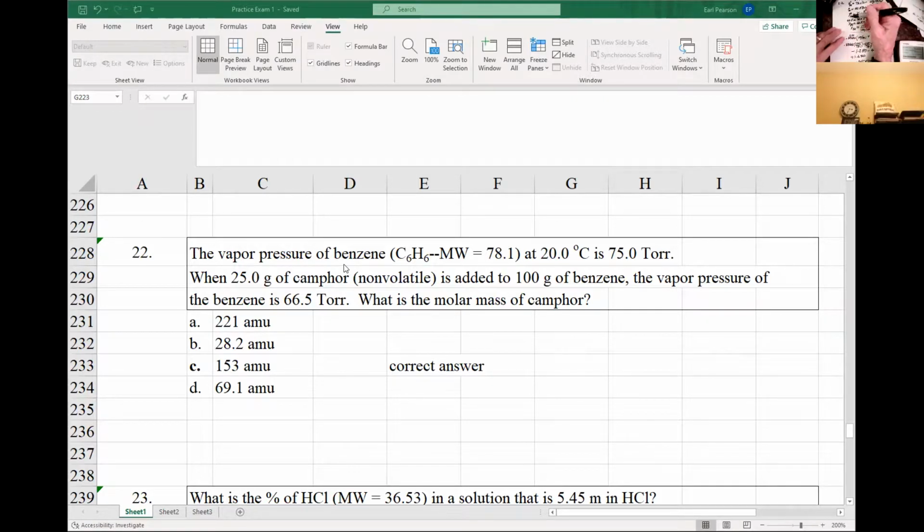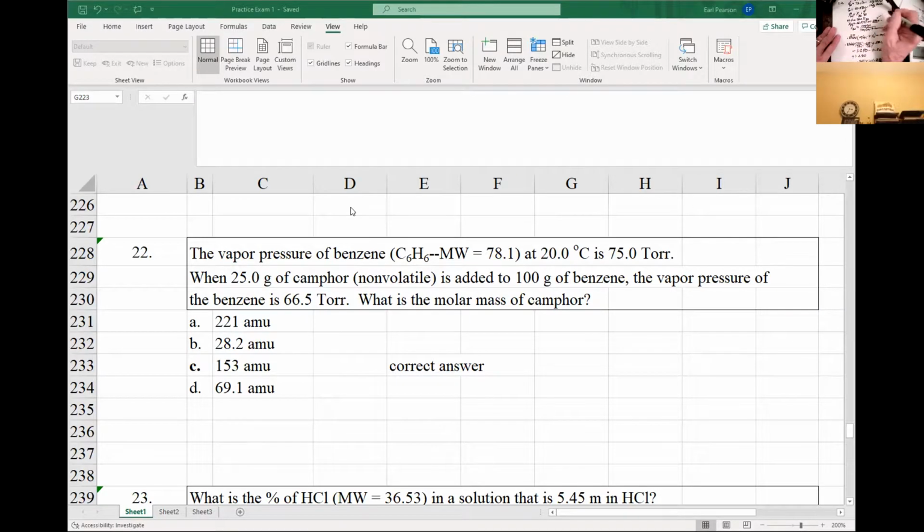The mole fraction of the solution was 66.5 torr. The pressure of benzene was 75. So 66.5 divided by 75 is 0.88666.